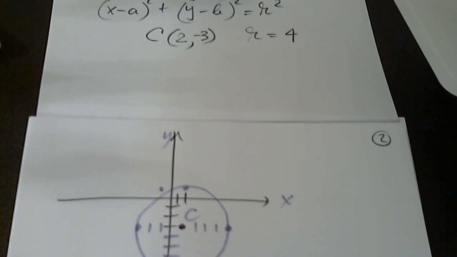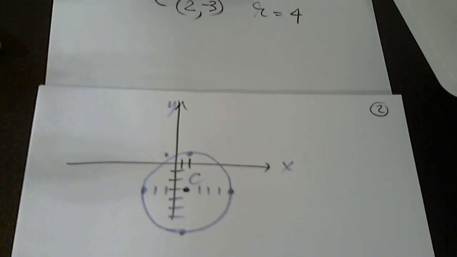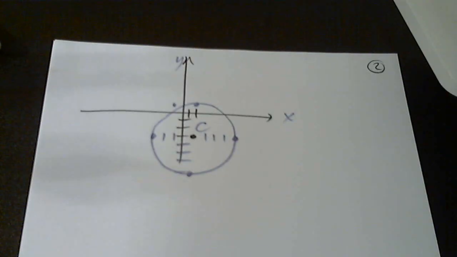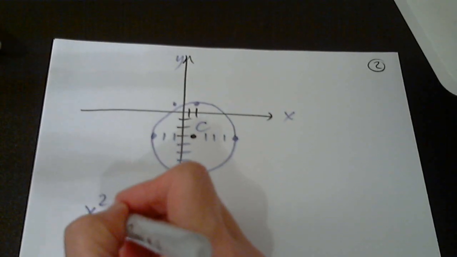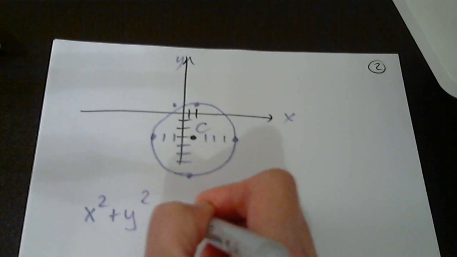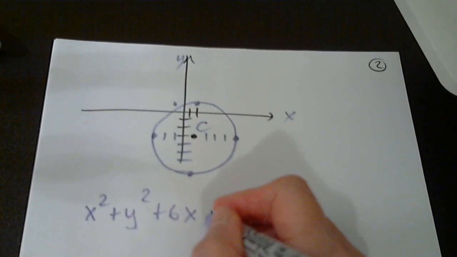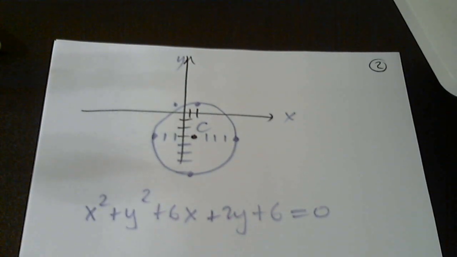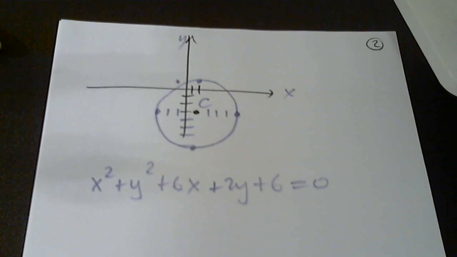Okay, here's a question for you. What if I am given something like this? X squared plus y squared plus 6x plus 2y plus 6 equals 0. Does this represent the equation of the circle?